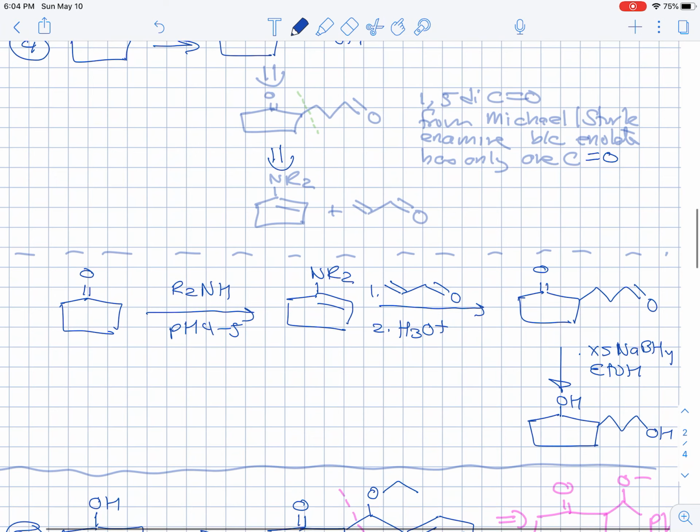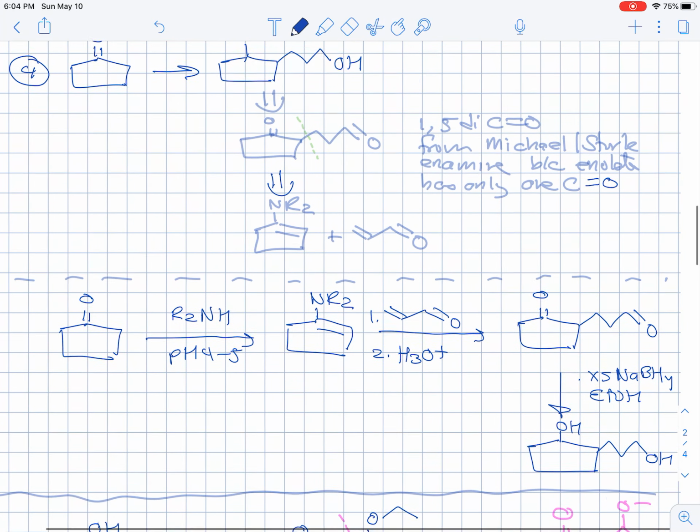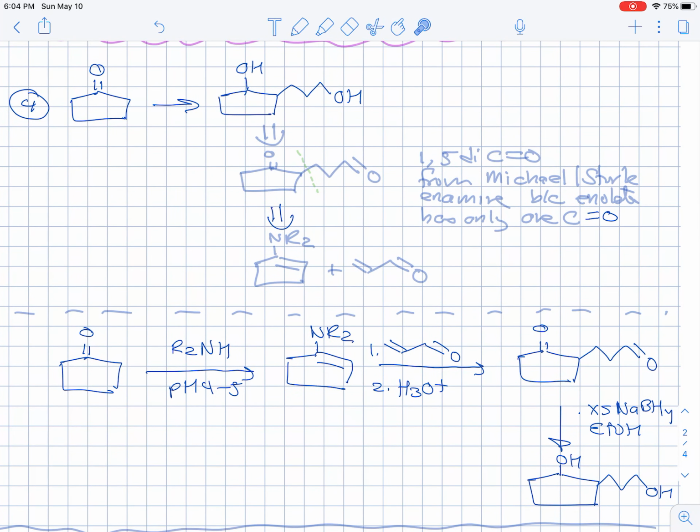So working forward, we take our starting material, we make the enamine, we add the Michael acceptor, and then we add again our H3O+, which does the same 3 things it did in the first one or the second one where we used an enamine.